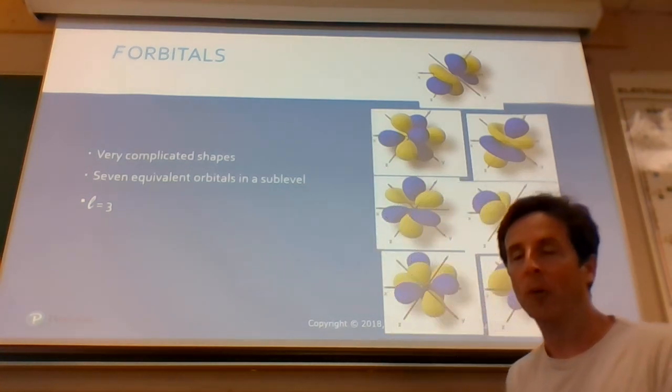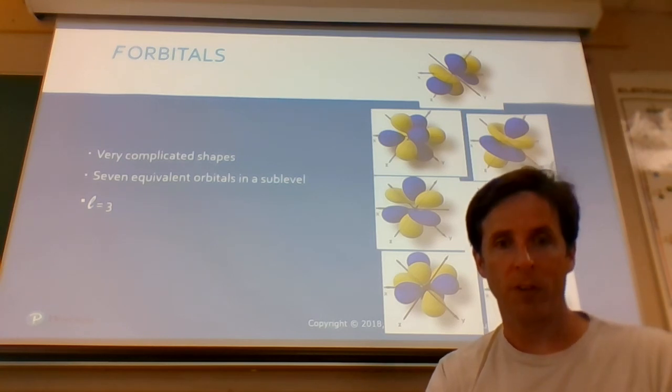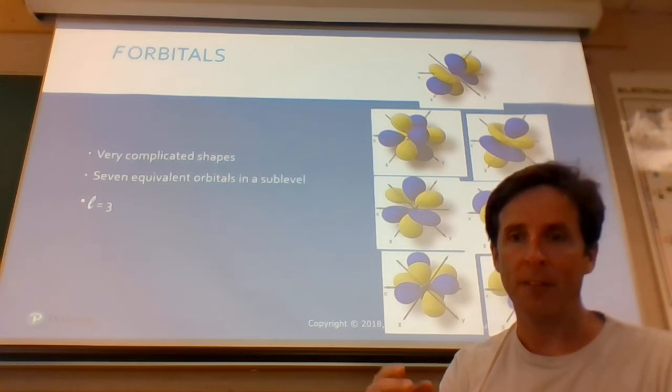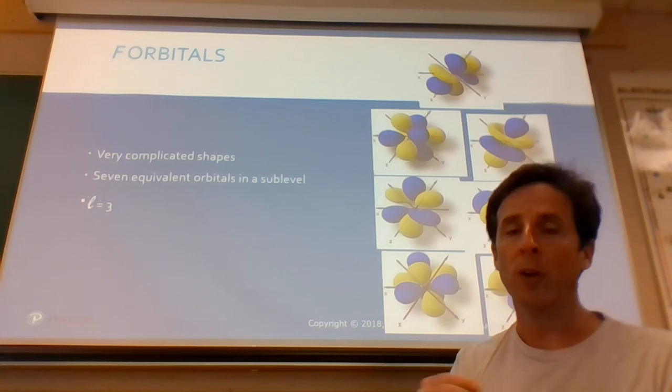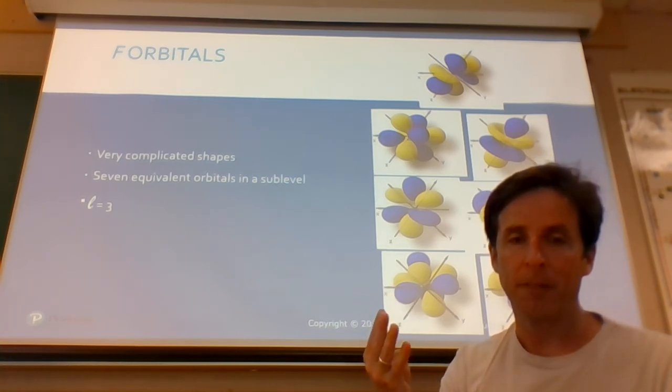Okay? And so the elements that exist on Earth, and we go up to element 118, have either existed on Earth or have been produced in a lab. The only orbitals that we use are s, p, d, and f. Okay?